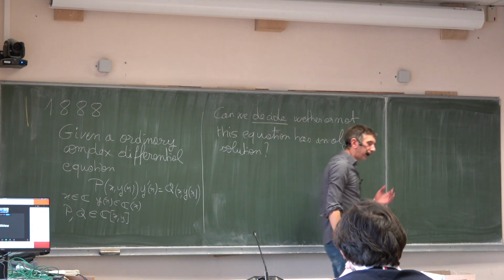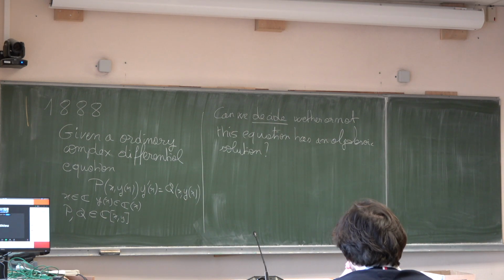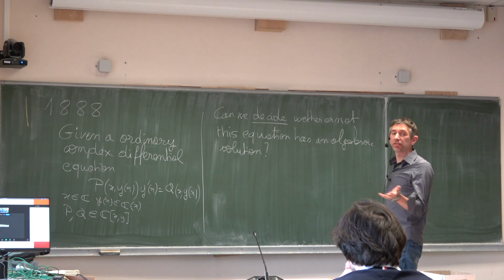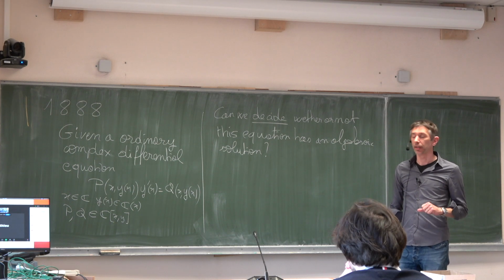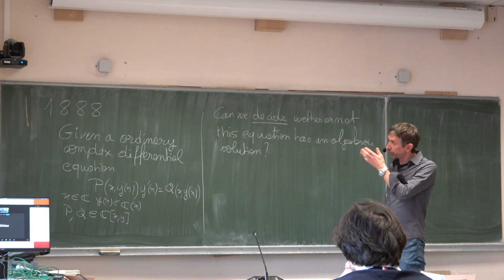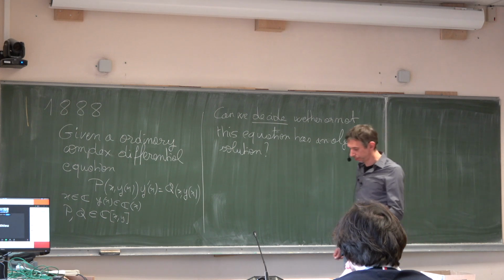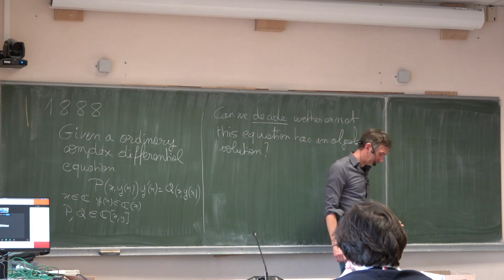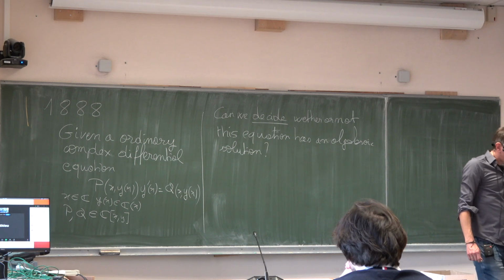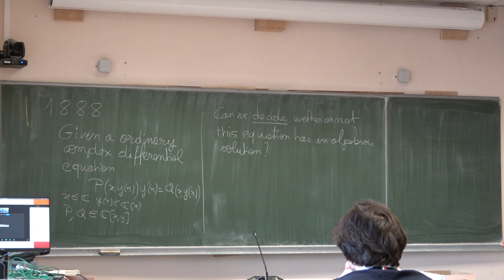Actually, in 1888 there was a contest organized by the King of Sweden, and the contest was about trying to say something interesting about the stability of the solar system. At this time, Poincaré published a paper where he studied this stability and said, at the end of the article, yes, the solar system is stable.